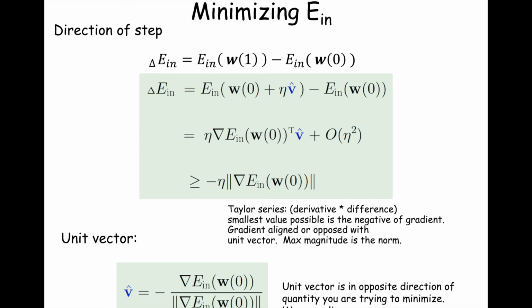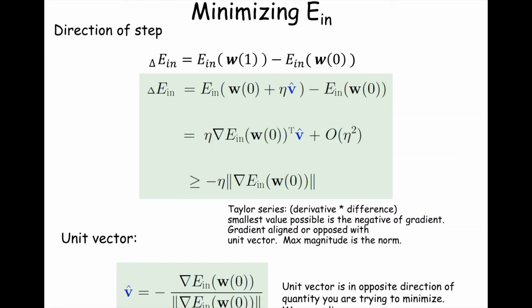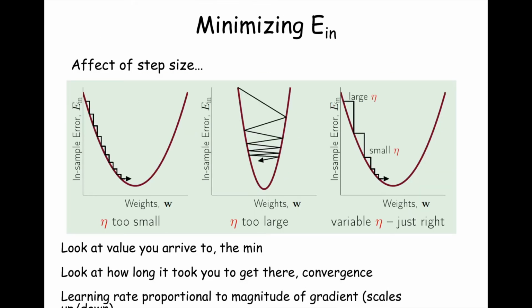Okay. So now that we have this unit vector, so now that we have that v hat, we have our direction, so we know what that is, and we have our gradient. And so now, if we think about what happens, this eta here is going to govern how much you step, how big that step is, how far away you're feeling around to decide the magnitude of your step, right?